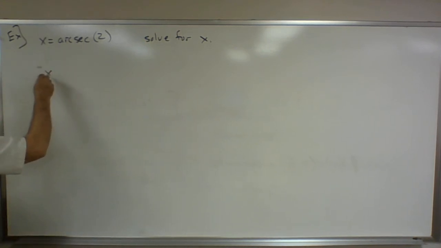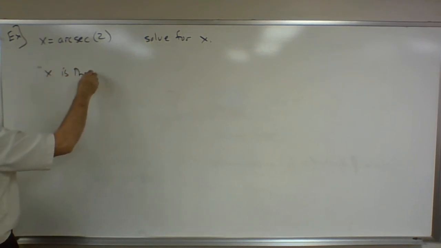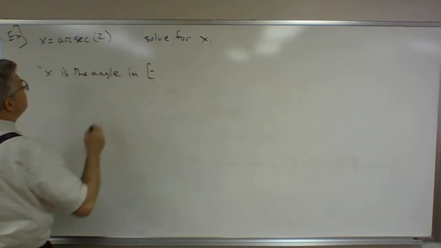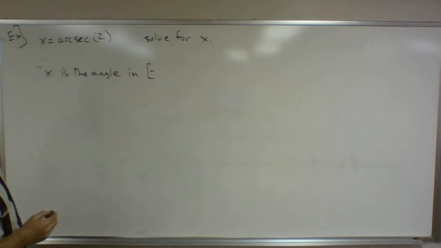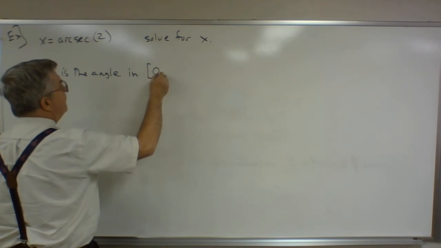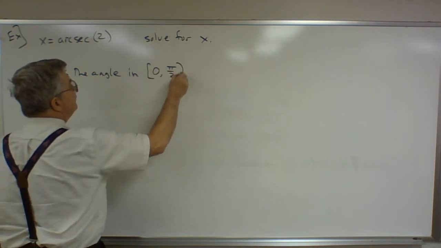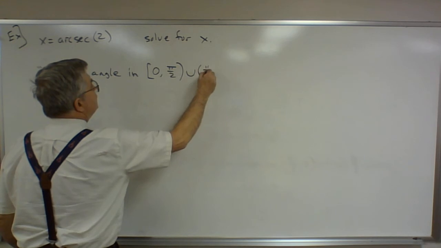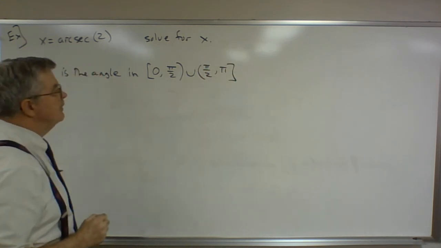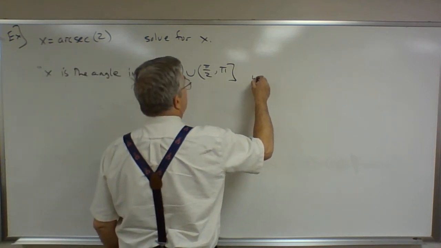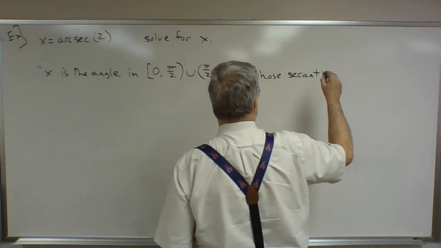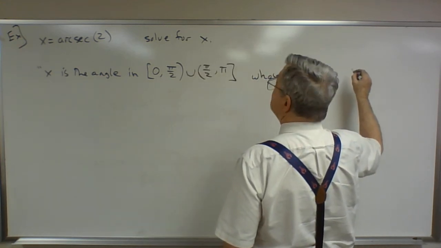So we interpret this as saying x is the angle in the interval from, let's see, I'm thinking this is 0 to pi over 2, pi over 2 to pi, whose secant is 2.